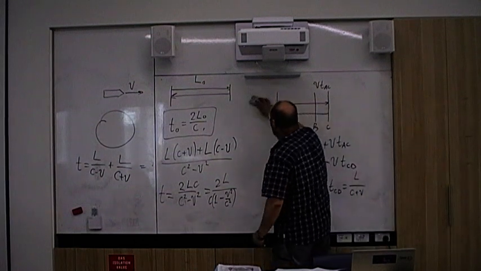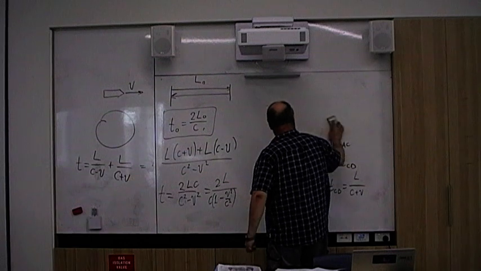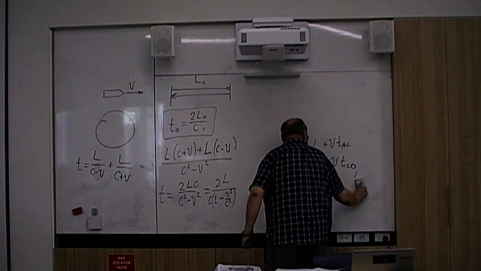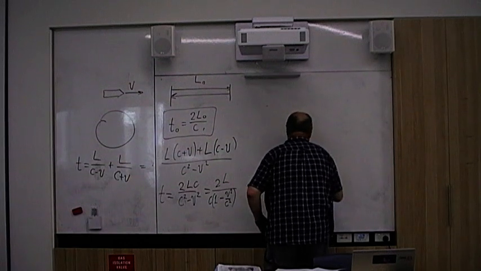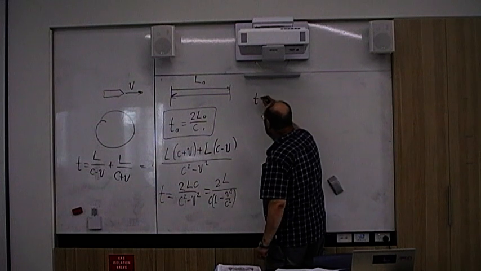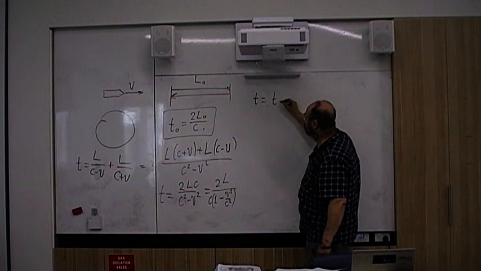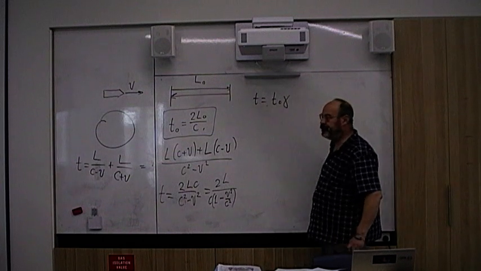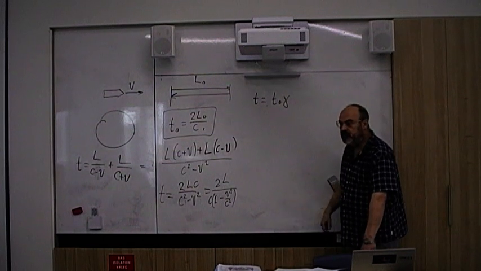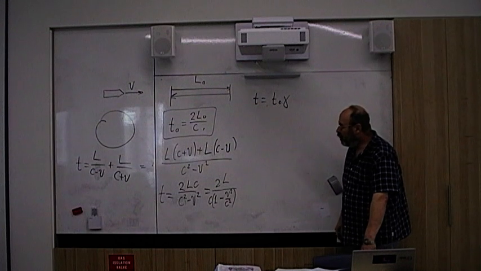But you already know the relation between those times. We know the time T equals T0 times gamma. We already learned the time dilation.